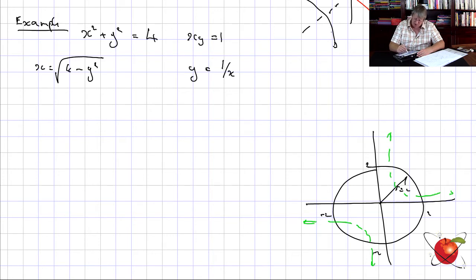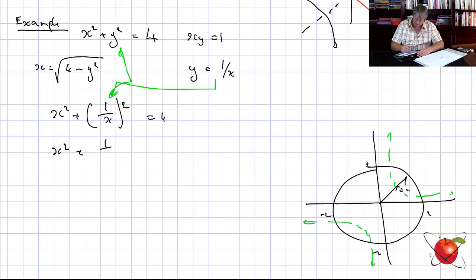Now we substitute: x squared plus, replacing y squared with 1 over x all squared, equals 4. Let's multiply out the bracket. x squared plus 1 squared over x squared is equal to 4. Oh my goodness. Multiply. Remember the rule of fractions?